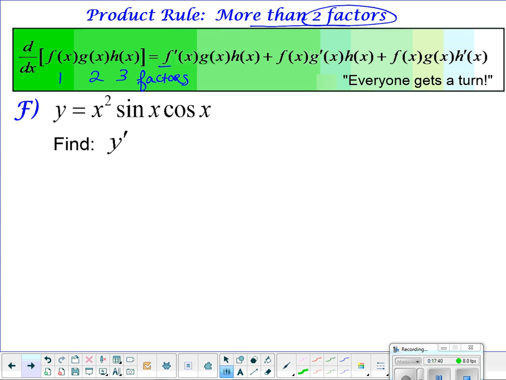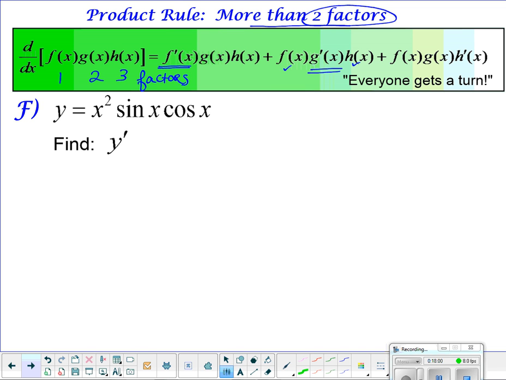I take the derivative of the first function and multiply it by the regular g and the regular h function. Then I move on, and I take the derivative of the g function, multiply it by f original and h original. Then I move on.